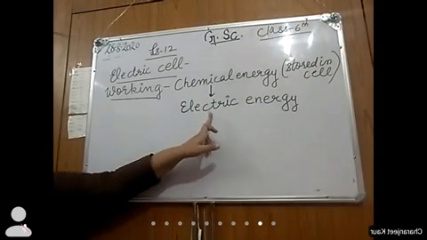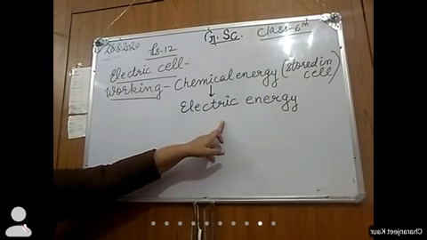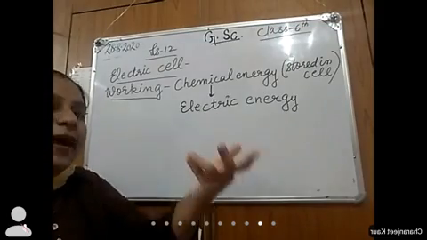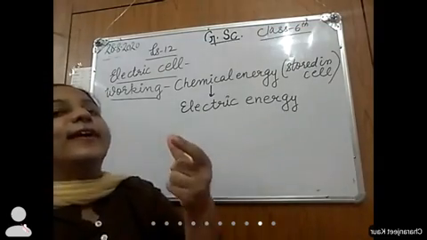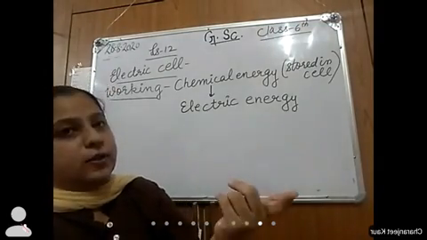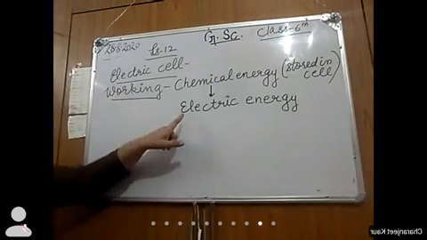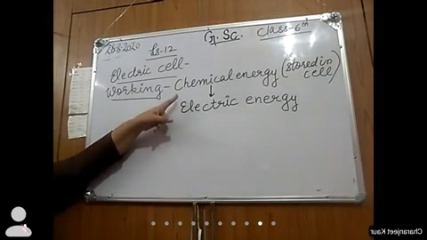You can note down, when a button of any device is switched on, say you have put the electric cell in a torch, when you switch on the button, what is present in the electric cell?